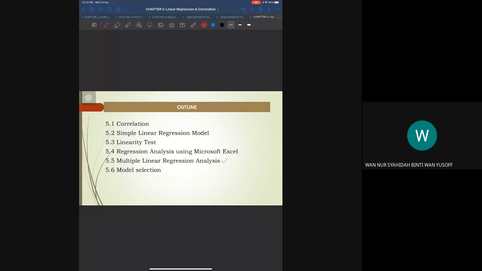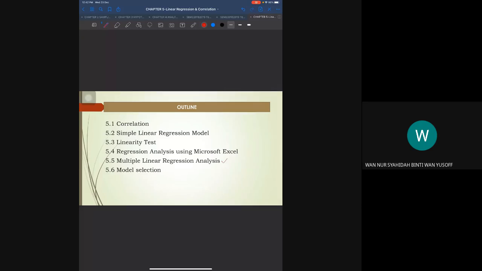For multiple linear regression, the dependent variable is still a single variable, and the rest are independent variables. So the dependent variable depends on more than one independent variable. Independent variables are denoted by x, so in multiple linear regression you have more than one x.